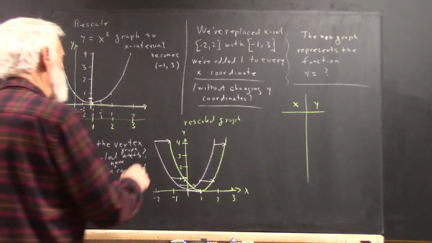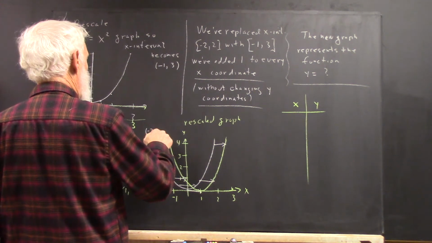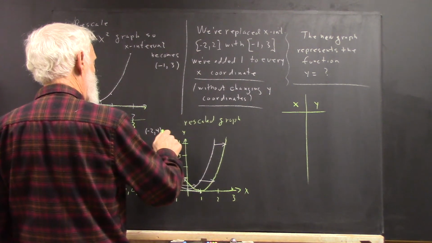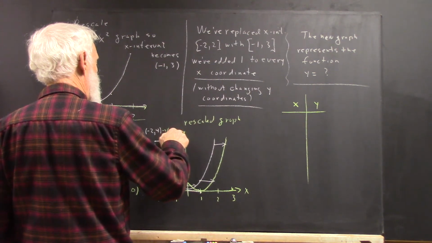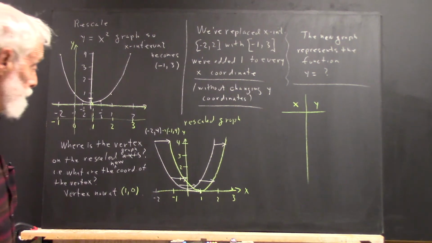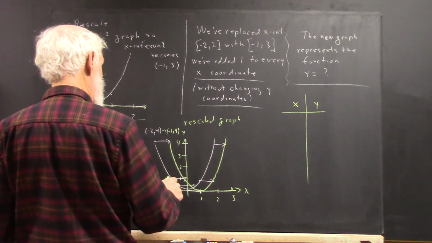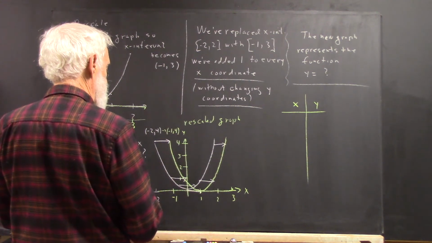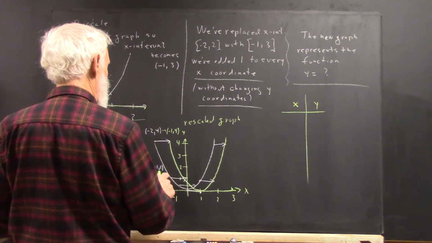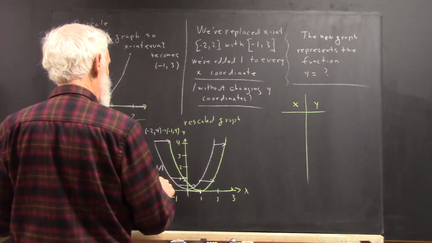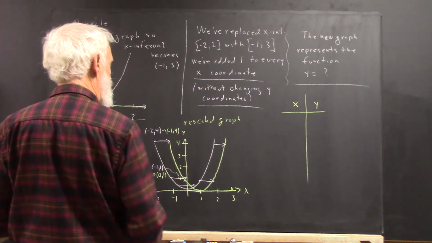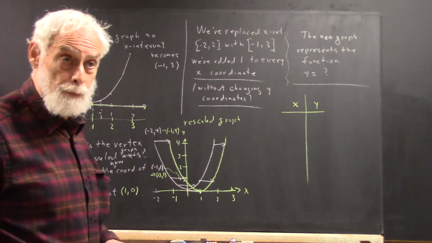So that -2, 4 in the new graph becomes -1, 4. And -1, 1 becomes 0, 1. And so forth. Okay?